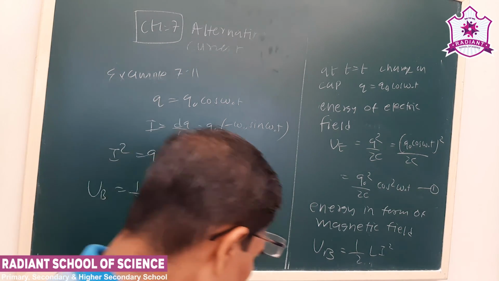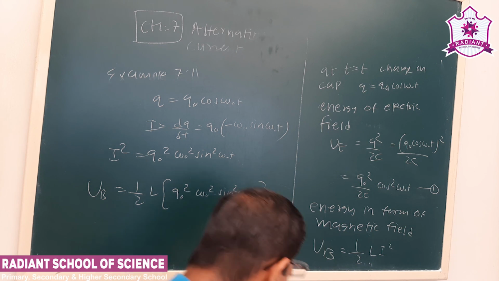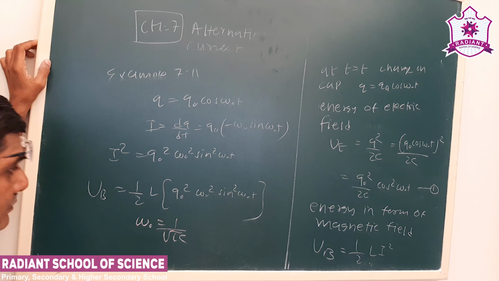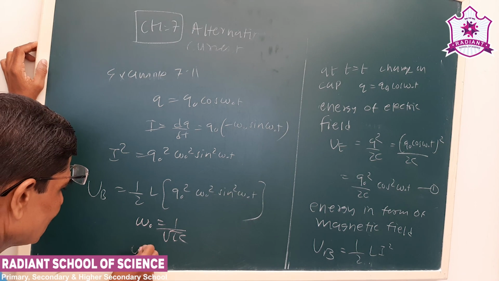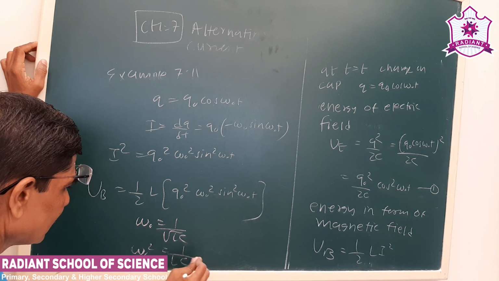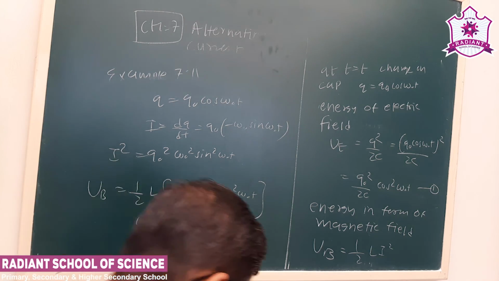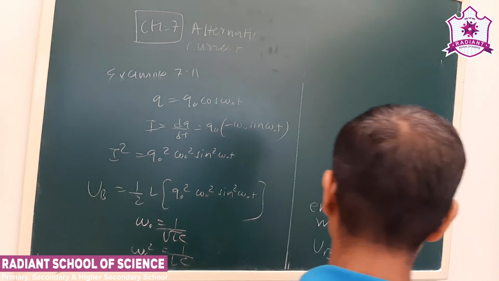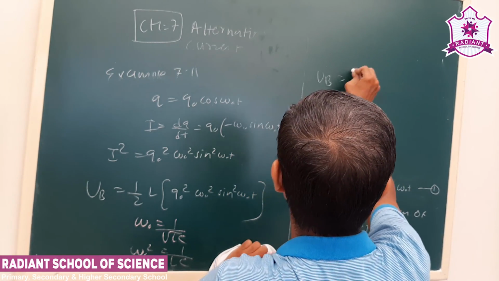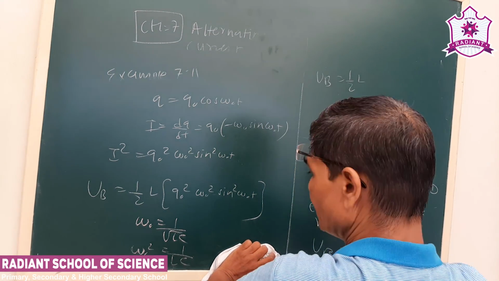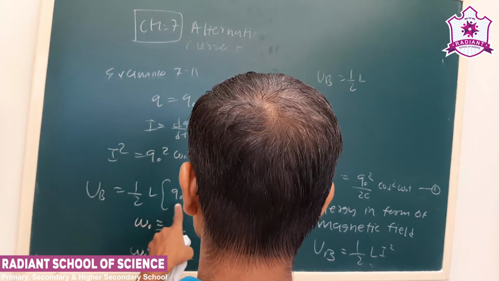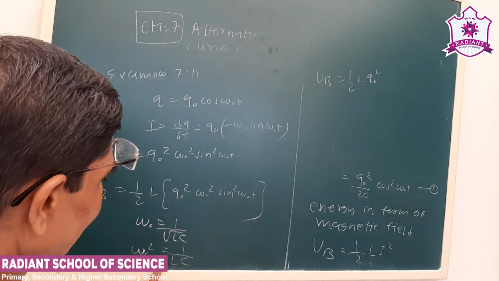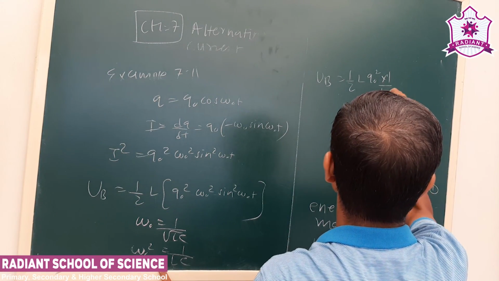Now omega 0 is 1 upon root LC. So omega 0 square will be 1 upon LC. We can substitute this in this equation. UB is 1 by 2 L Q0 square omega 0 square, and we substitute 1 upon LC.